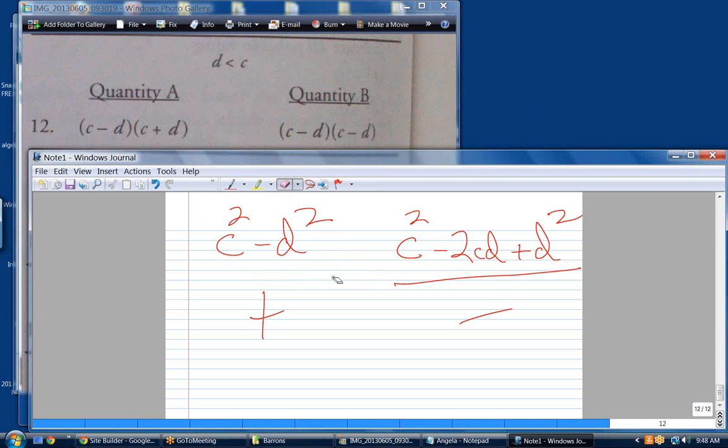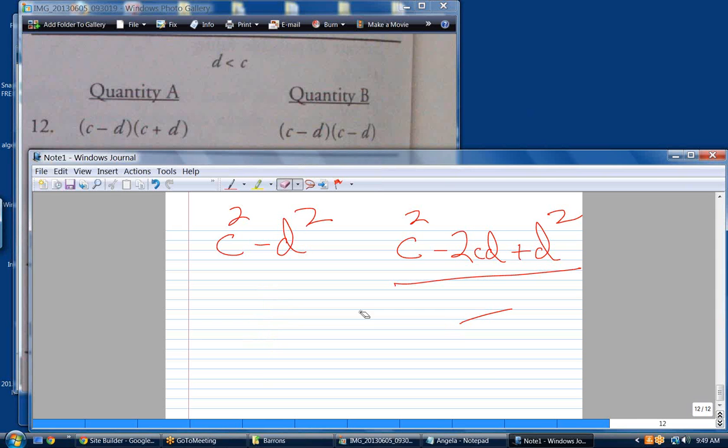I'm not sure. Let me think a moment about this. If we go back and look at the original problem, notice that if this was an equation, and we can kind of think of it as such, I can factor out the c minus d from both sides.